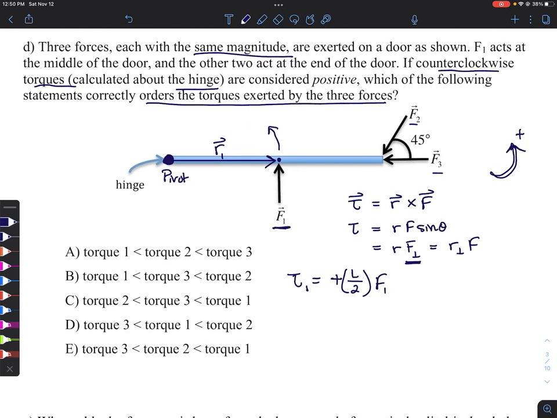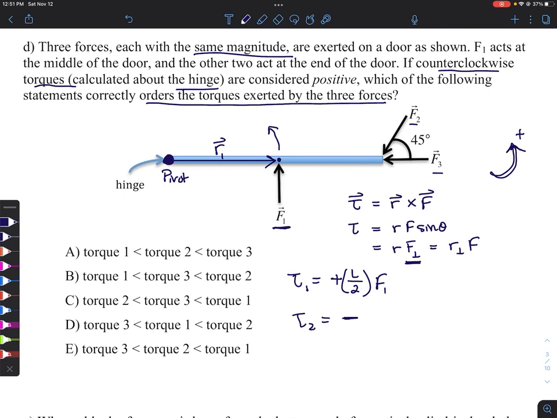Okay, so let's look at the torque from F2. So first, is it positive or negative? When I look at this force right here, I notice that if I pushed on the door that way, it would actually spin in this direction. So that direction is opposite the positive torque direction. So this must be exerting a negative torque.